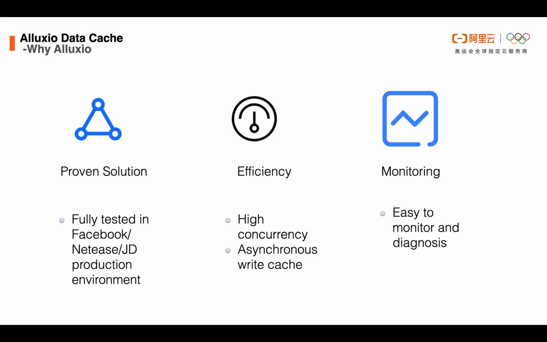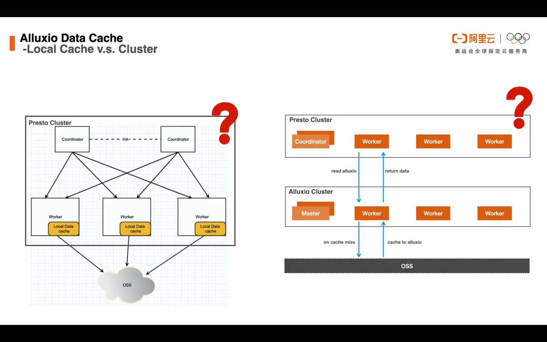The Alluxio data cache is a proven solution tested in the production environment, and also it is efficient and easy to monitor. The next question is, there are two types of deployment to use Alluxio with Presto: the local cache and the Alluxio cluster. Which one should we use?